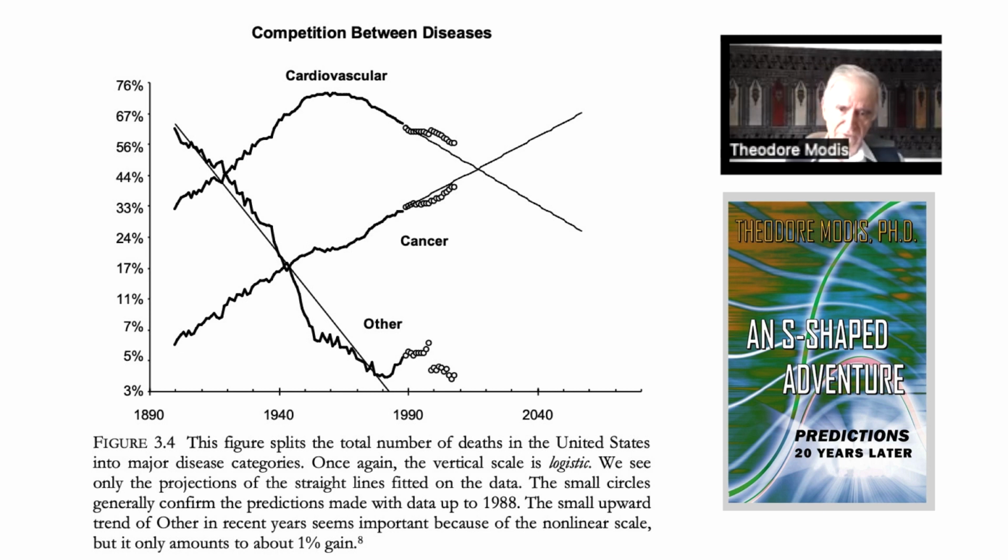Cardiovascular was growing for many decades, and also cancer was growing for many decades, both of them with almost parallel slopes. That is very similar S-curves, but much smaller magnitude for cancer than for cardiovascular. But now remember, these are shares, so they have to add to 100%. So we have the declining one, which is going along its straight line. The growing one is going along the straight line.